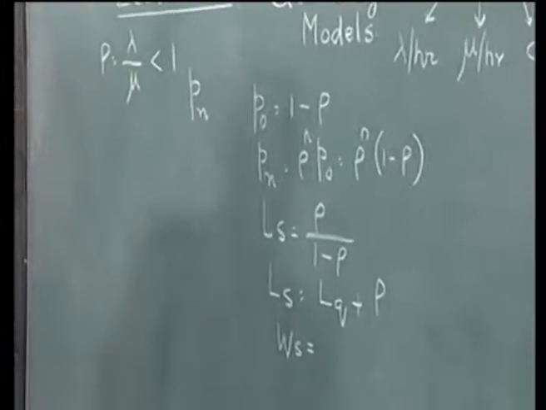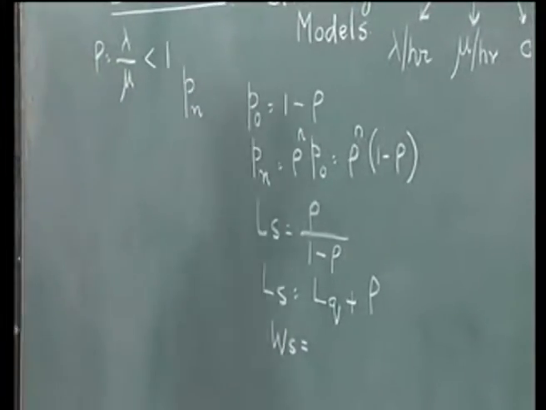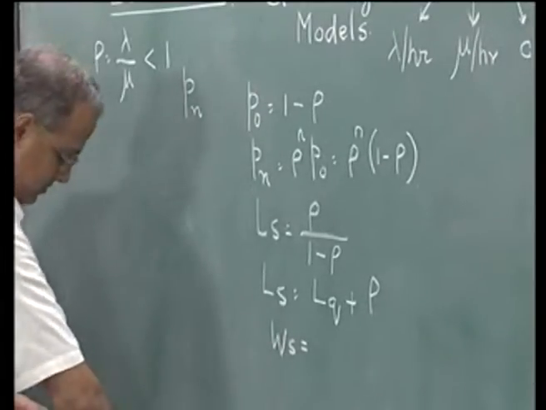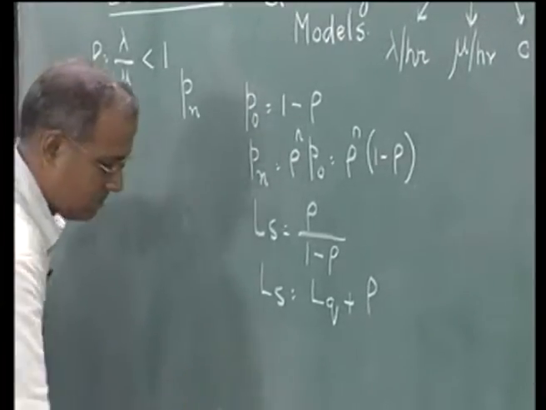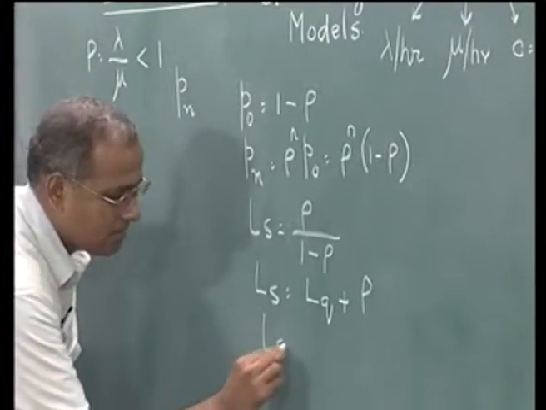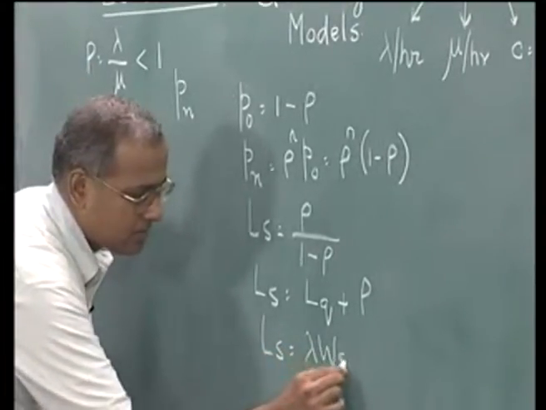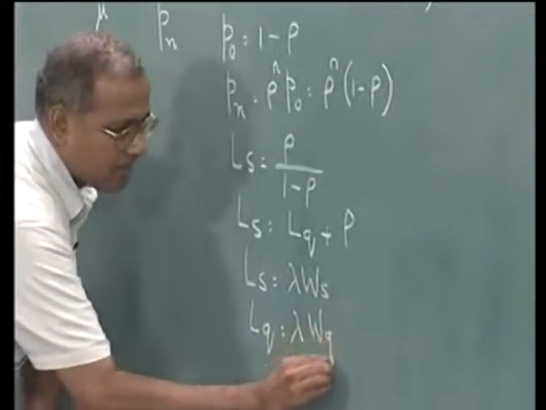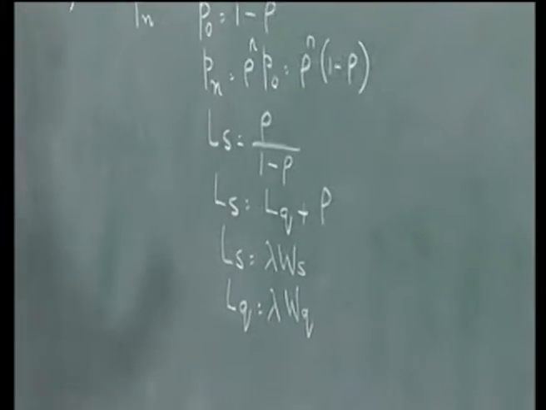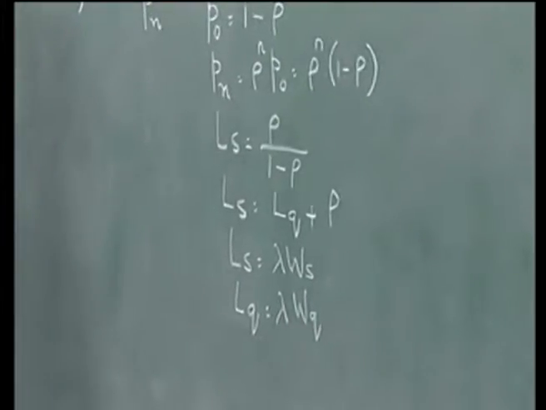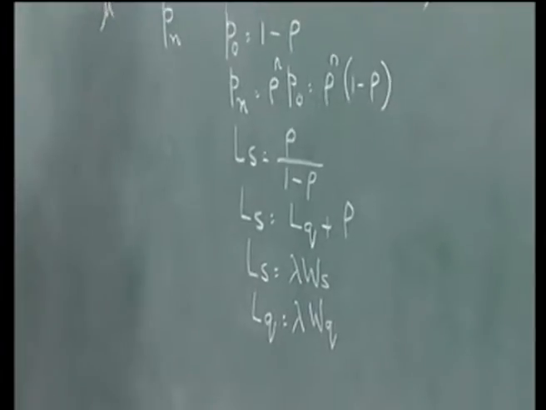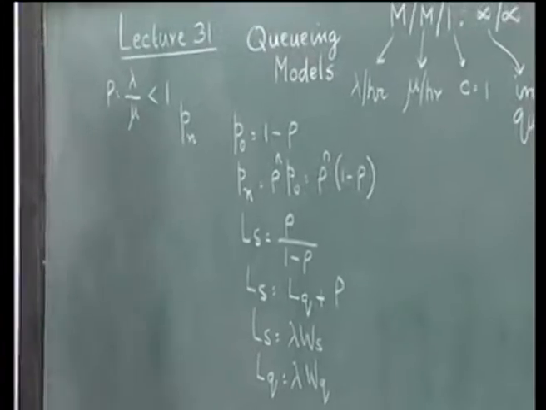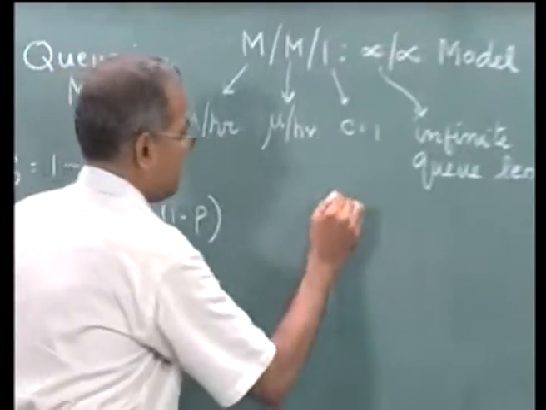We also used the other relationships, Ls equal to lambda Ws and Lq equal to lambda Wq. Now, with all these equations, let us work out a numerical example to understand what is meant by each of these equations.